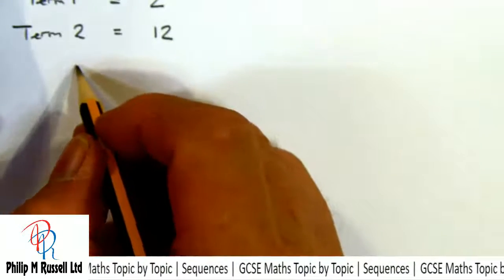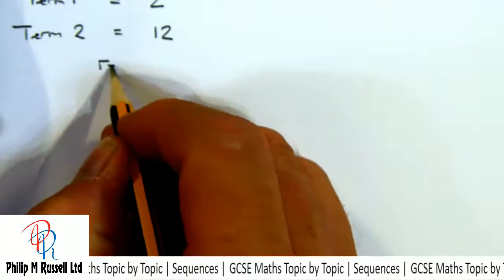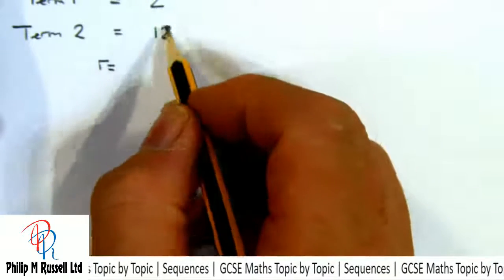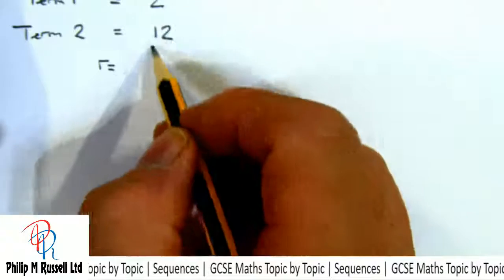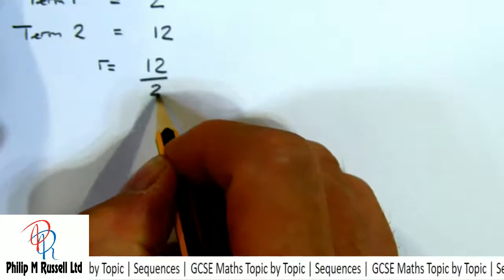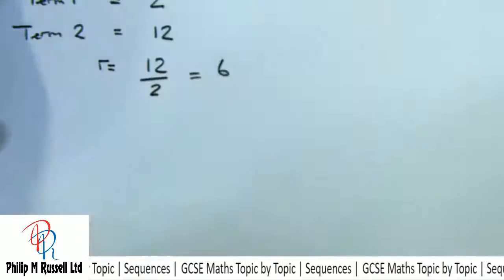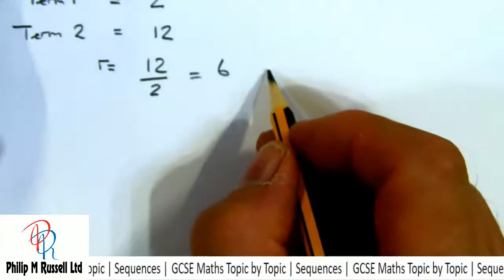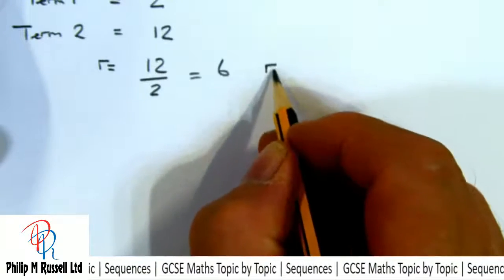Okay, so what's our common ratio? Well, 12 divided by 2 is going to give me 6. So my common ratio is 6.